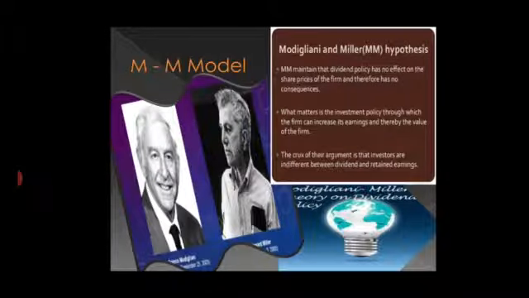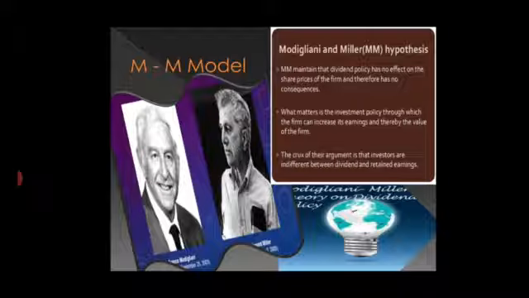Now the Modigliani and Miller model maintains that dividend policy has no effect on the share price. This is a very important line. The model says that there is no effect on the share price of the firm, and therefore dividends have no consequences. What matters is the investment policy through which the firm can increase its earning and thereby the value of the firm.